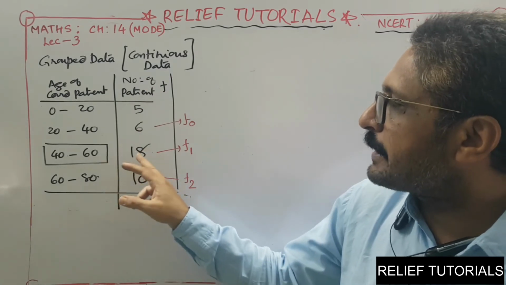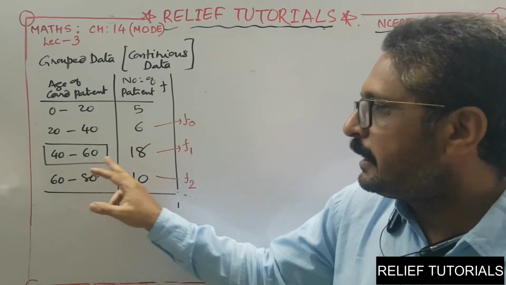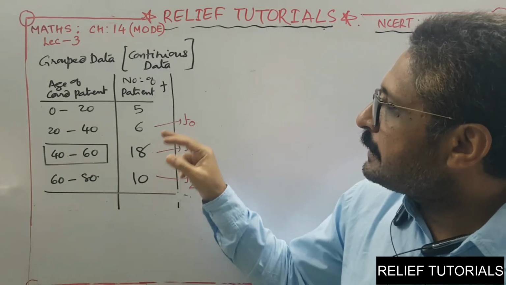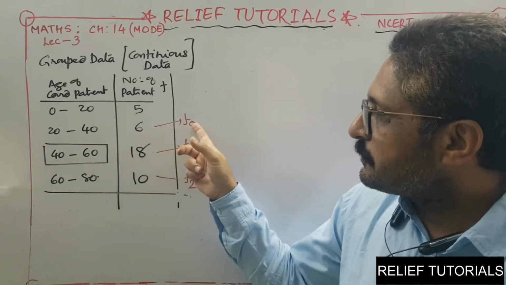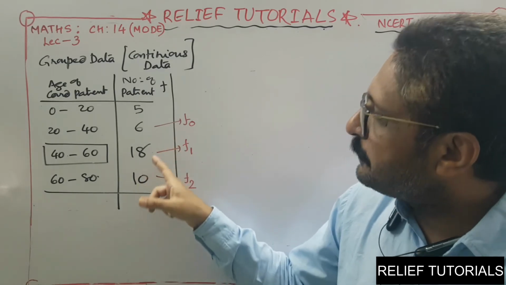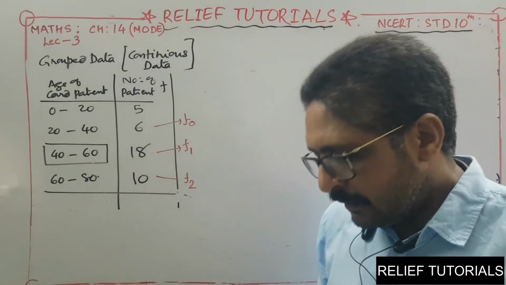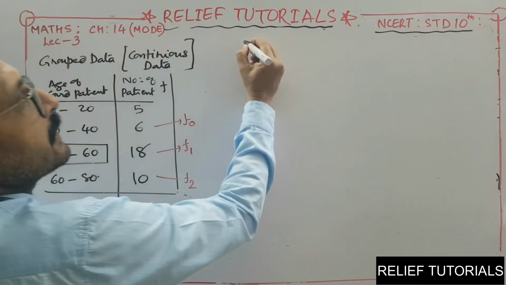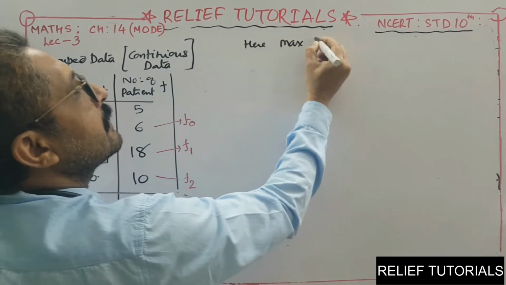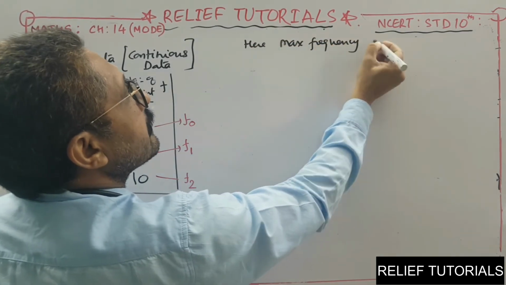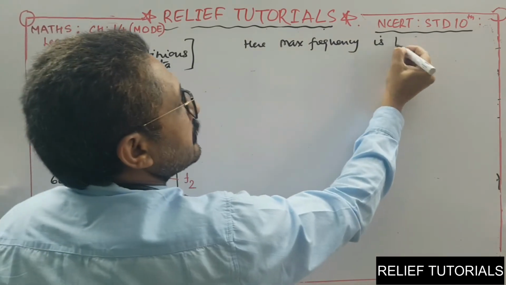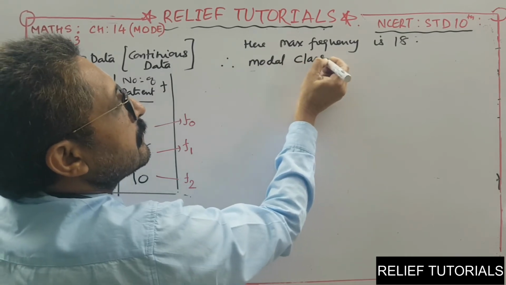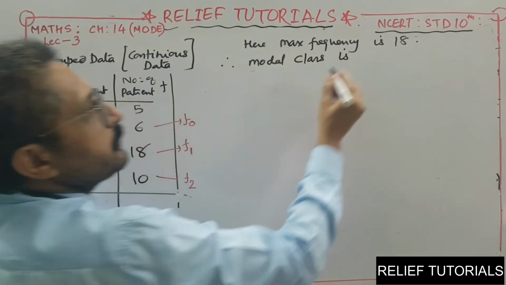The class against the maximum frequency is called the model class, its frequency is called F1, the frequency of the class preceding it is called F0, and the frequency of the class succeeding it is called F2. So to find the mode, first write the maximum frequency. Here the maximum frequency is 18, so the model class is 40 to 60.